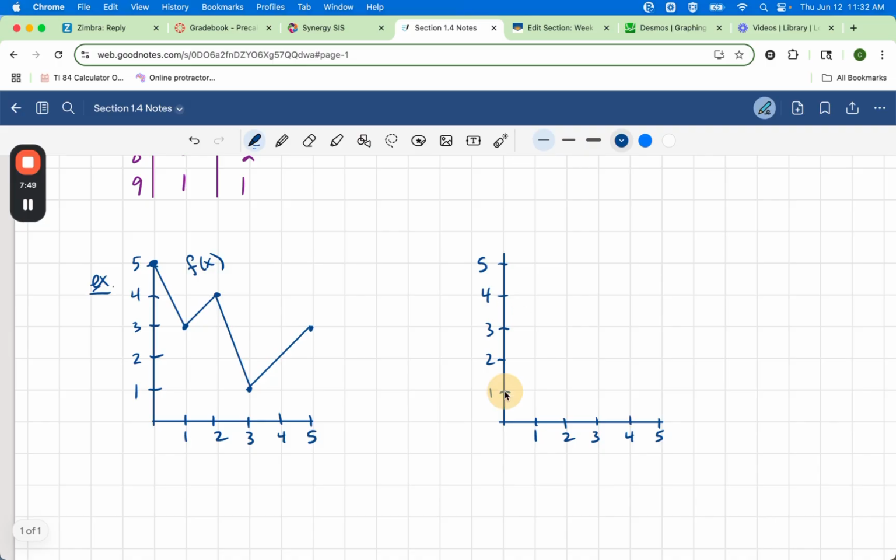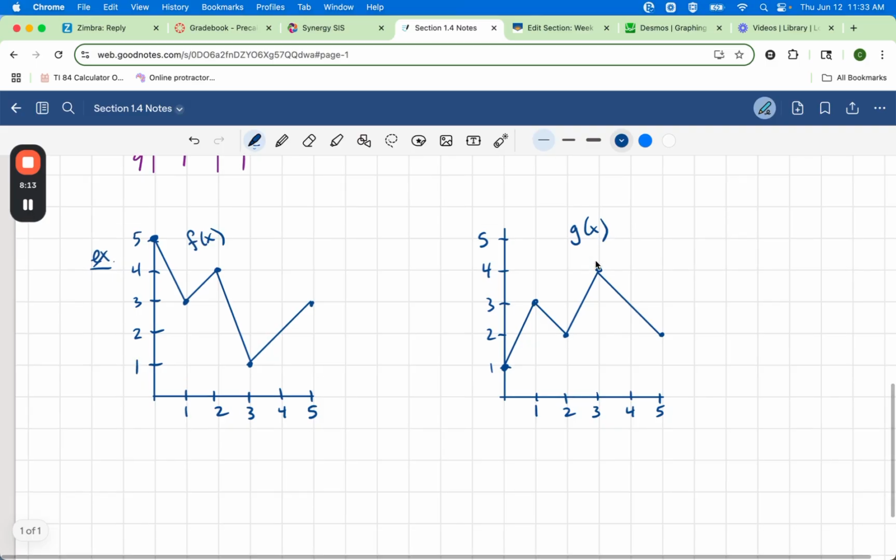And so G of 0 is 1, G of 1 is 3, and G of 2 is 2, G of 3 is 4, and then G of 5 is 2. So there is my G of x graph. So now we're going to ask you just two questions on these guys.